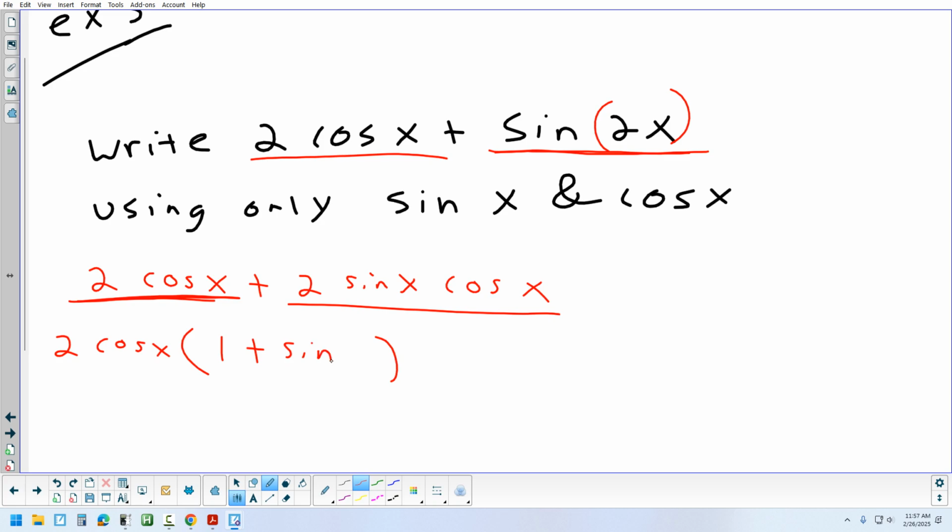Just 1 plus sine x, right? Because if you distribute this back out, 2 cosine x times 1 is 2 cosine x, and 2 cosine x times sine is 2 cosine x times sine. So if they asked you to factor it, that's what they'd be looking for. That's it.